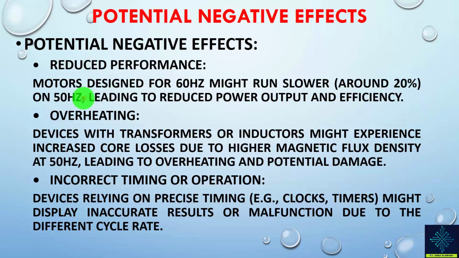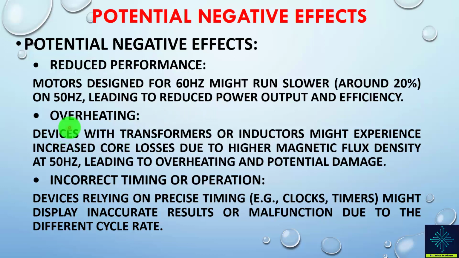So the RPM or the speed of the motor would be 20% slower. If the designed RPM is 2000 RPM, it will operate at an RPM of 1600 if this motor is used on a 50 Hertz system.